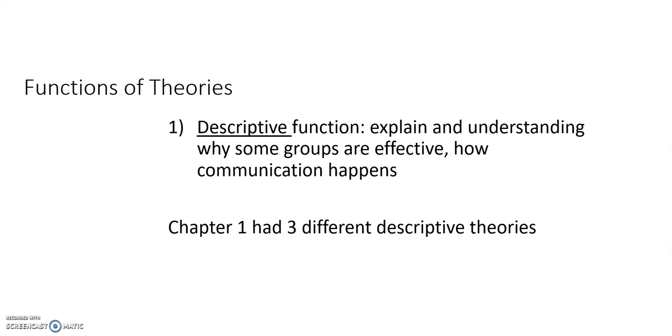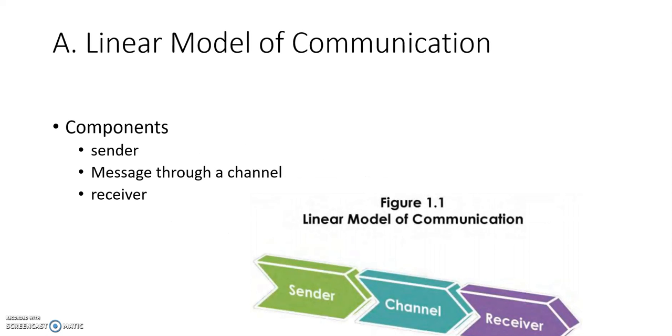Chapter 1 had three different descriptive theories that tried to describe the communication process. And so for the next couple of slides, I'm going to run through those just as a way to illustrate descriptive theories that you've already learned in this class in the last chapter. The first is the linear model of communication.